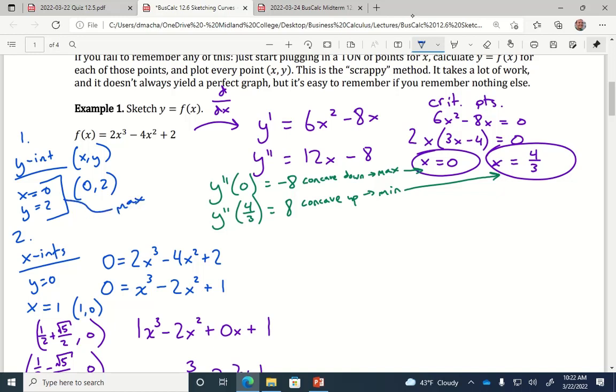The maximum just happens to occur at the y-intercept. It's not always the case, but that's what happened this time. The next thing we need to do is find the y value when I evaluate at 4/3. And that's going to be 2 times 4/3 cubed minus 4 times 4/3 squared plus 2.